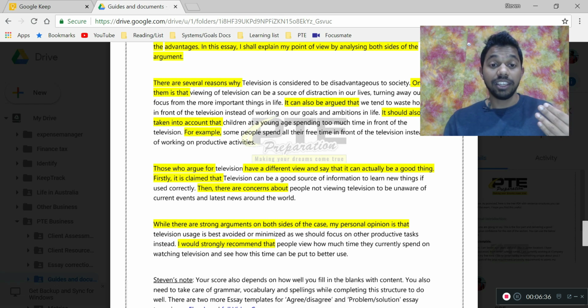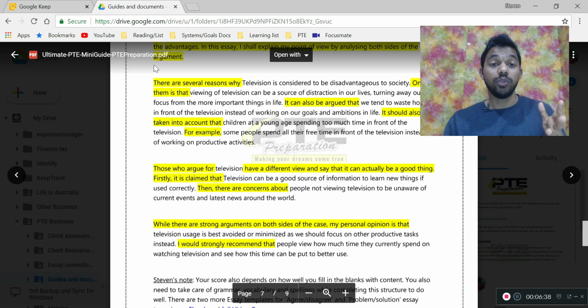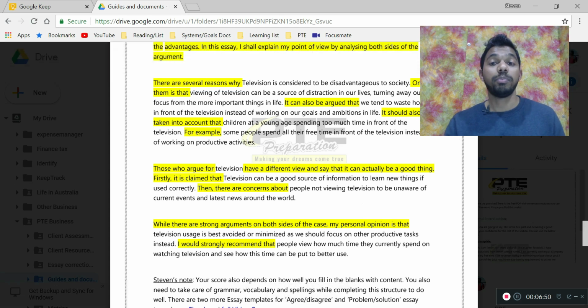And just another thing to keep in mind is to be aware of using templates or structures where the entire sentence is just a random thing and has nothing to do with the content. So for example, while there are strong arguments on both sides of my case, my personal opinion is that it is a very negative thing.